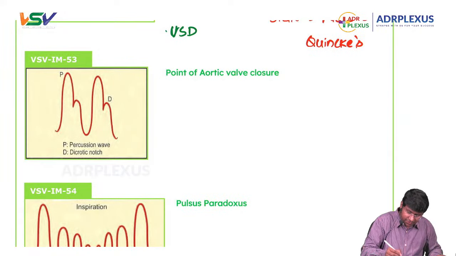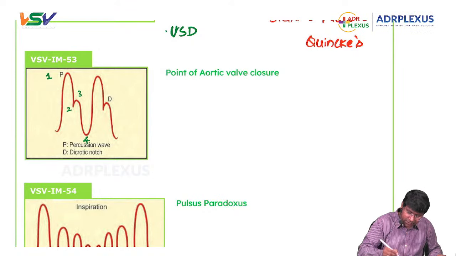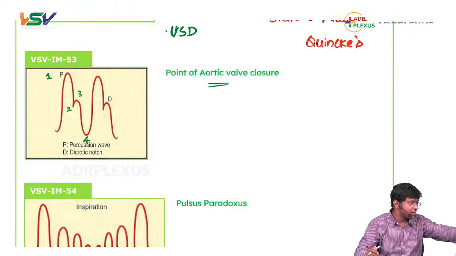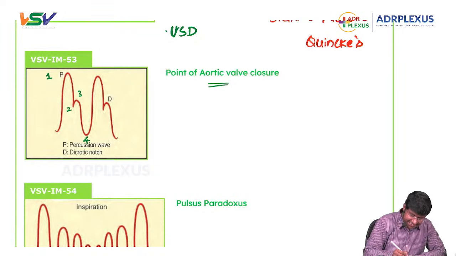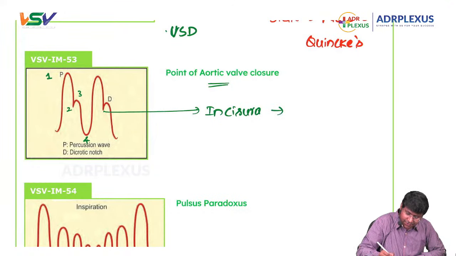Now, I'll give you markings 1, 2, 3 and 4. Please tell me where exactly is the point for the aortic valve closure. Yes, it is exactly the incisura. It is the point where your aortic valve as well as the pulmonary valve closes.